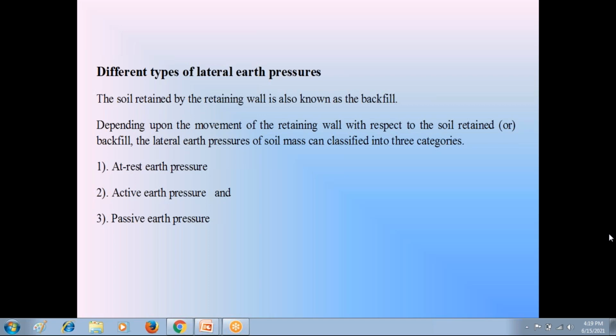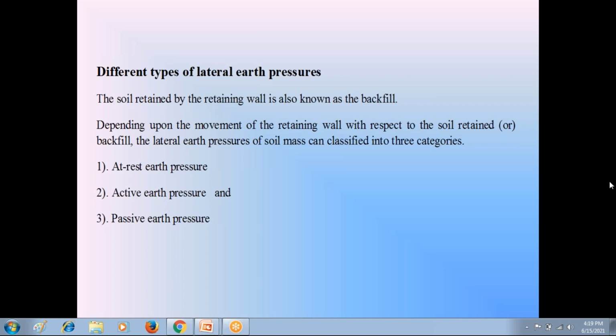So by observing the field conditions, we can estimate how much horizontal movement the retaining wall may have in the real condition. Only a few millimeters. The retaining wall may move horizontally only by a few millimeters, not more than that.